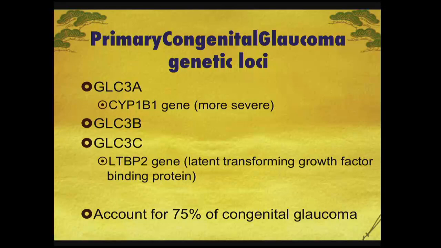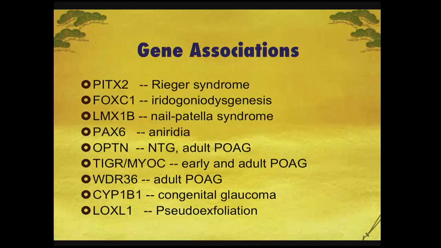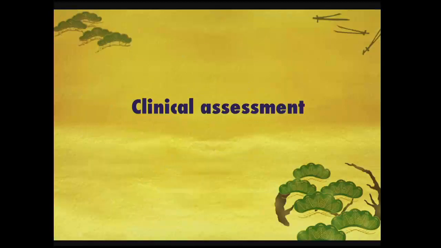And then GLC3C is associated with latent transforming growth factor binding protein. These mutations do seem to account for about 3/4 of congenital glaucoma. And with a number of different syndromes, there are also genes that are associated. I'm going to leave you just to memorize this list because I think the pediatrics lecture is also going over a lot of those associations.